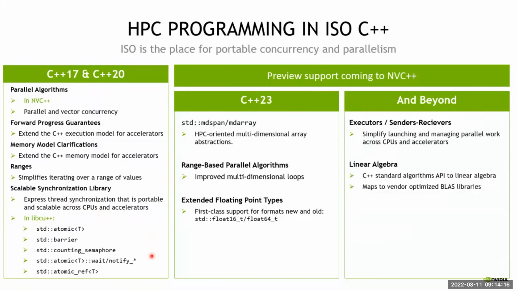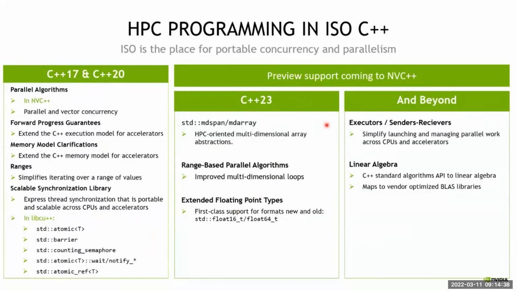Now, C++20 is the most recent specification, but C++23 is in active development, and we already have a pretty good idea of what will be in C++23. And for HPC programmers, I would say that mdspan is one of the most exciting features. It's a way to represent multi-dimensional arrays natively in the language.